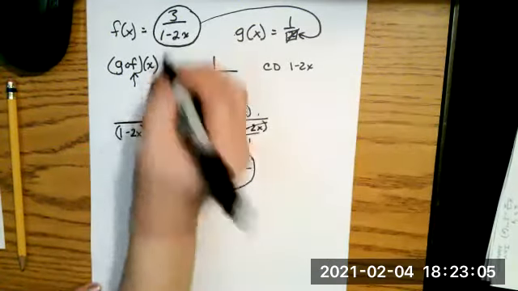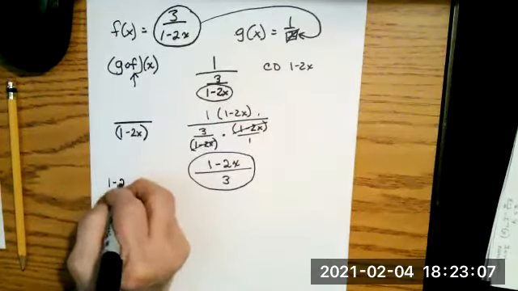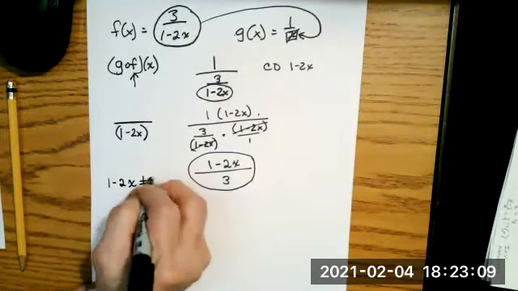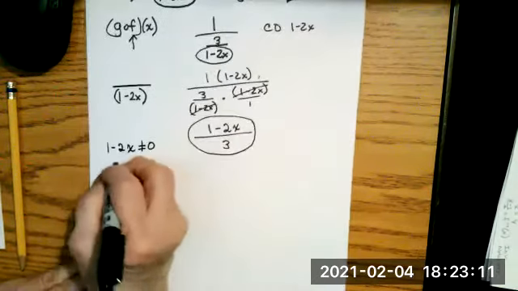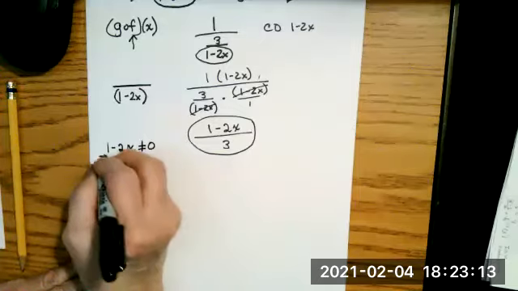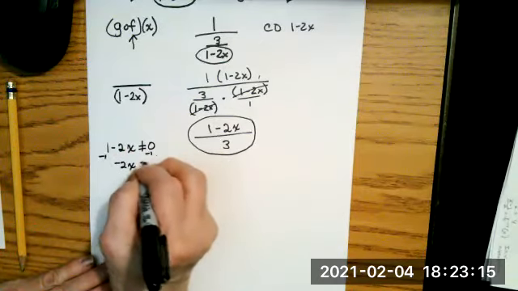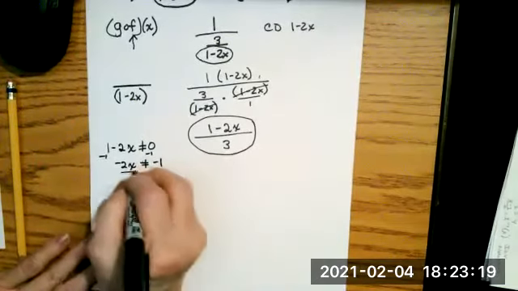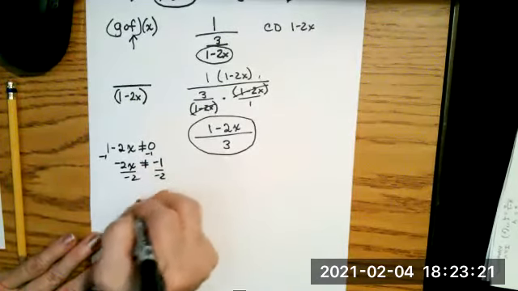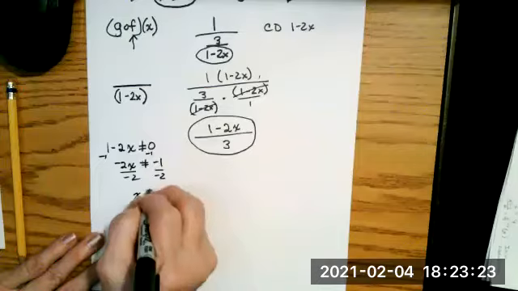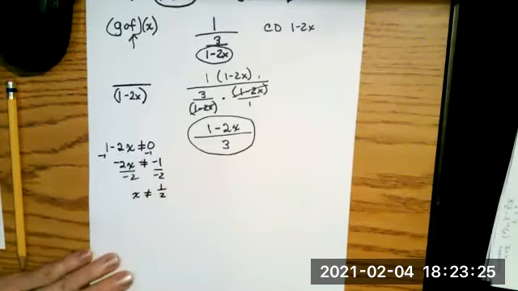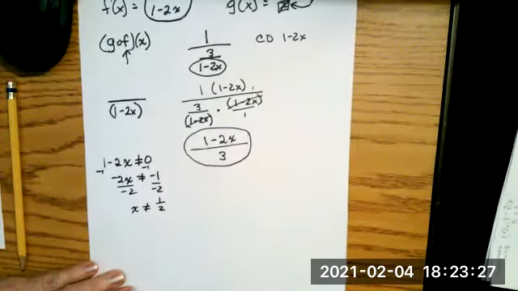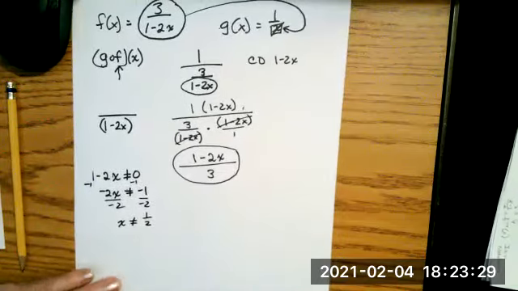So I need to set that 1 minus 2x that's in that bottom there not equal to 0 and see what it gives me. So if I subtracted 1 from both sides, we get negative 2x cannot equal negative 1. Divide out the negative 2, cancel out my negatives, and I would get x cannot equal 1/2. So there really is something that it can't be.